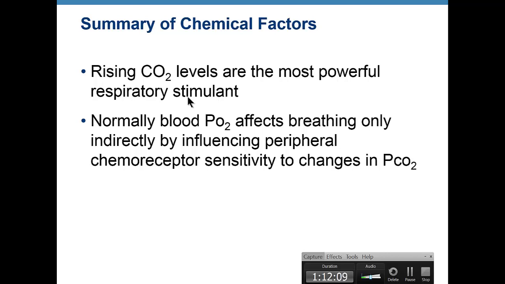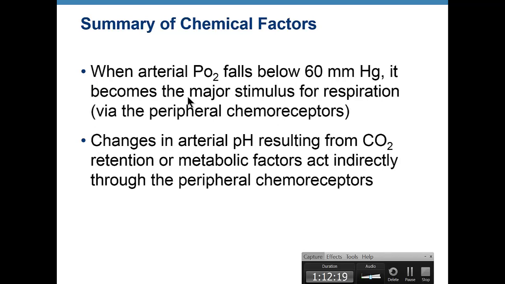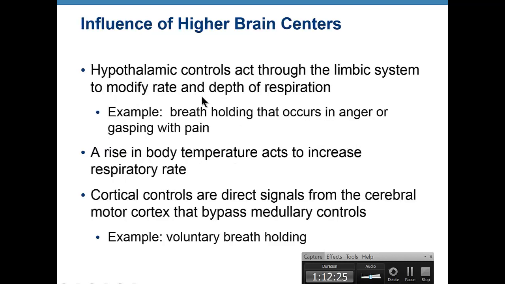So again, we only see PO2 affecting it when that level drops below 60. Good. And it's through these chemoreceptors that pick it up, right? Chemoreceptors are picking up the CO2 and the O2 levels.